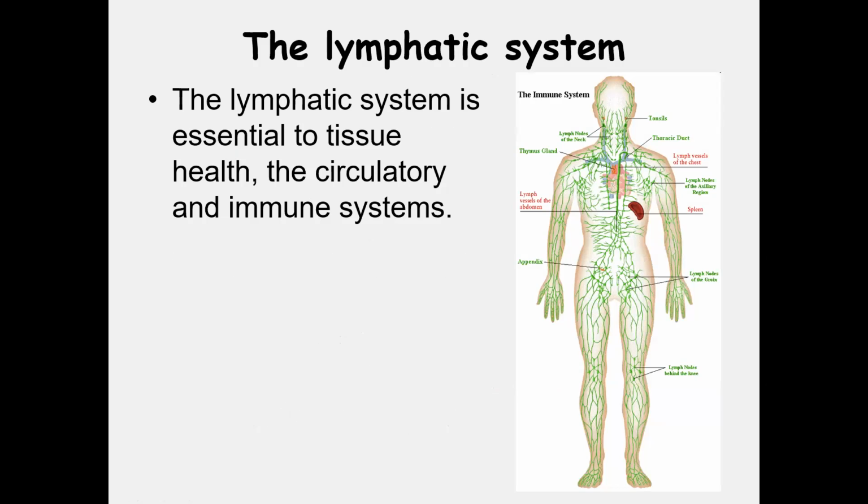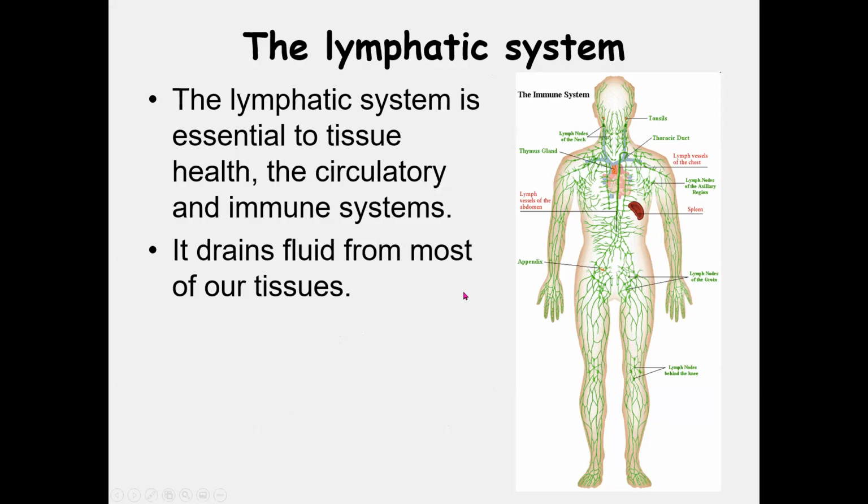Now, when we draw the blood circulatory system, we use red for arterial blood and blue for venous blood, and we use green when we talk about the lymphatic system. So it's an open system as opposed to the blood system, which is a closed system.